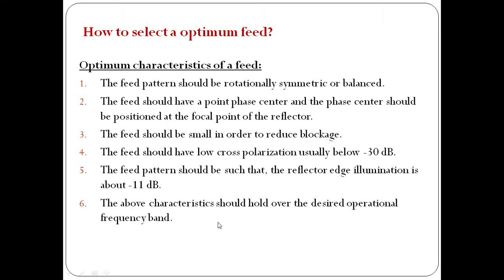The above characteristics should hold over the desired operational frequency band. If I take a bandwidth for the antenna, and all these properties hold good over that particular band, then the feed is said to be optimum. So these are some of the optimum characteristics of the feed. If your feed is satisfying these characteristics, then it is an optimum feed.